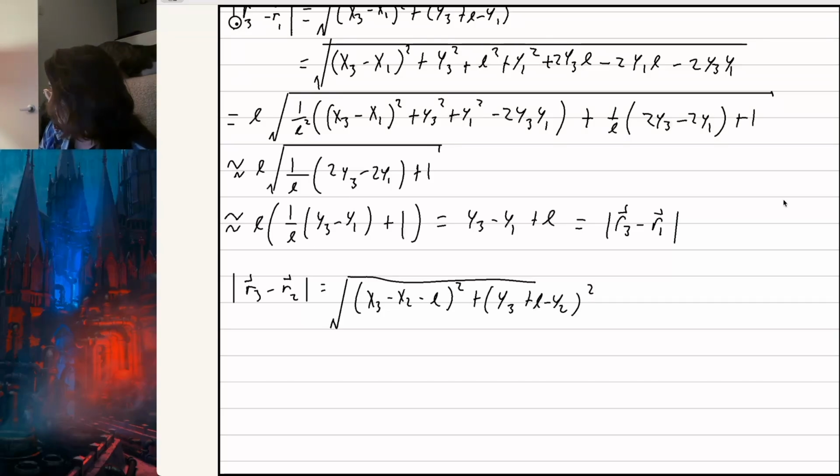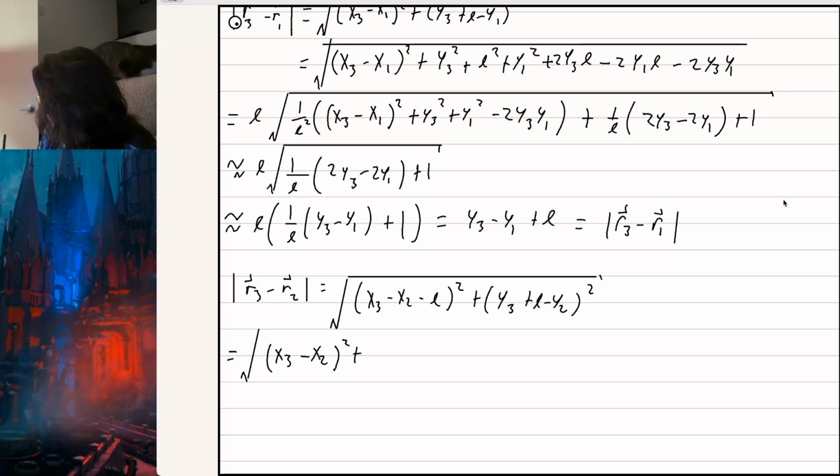These are going to be really, really awesome to expand. I'm going to cheat a little bit and only partially expand them, so that we'll just have x3 minus x2 squared plus y3 minus y2 squared, and only focus on the terms which involve L. There are actually going to be 2 L squared terms.